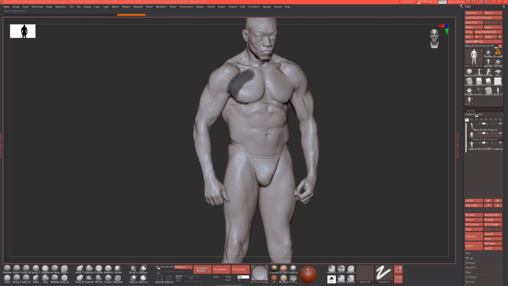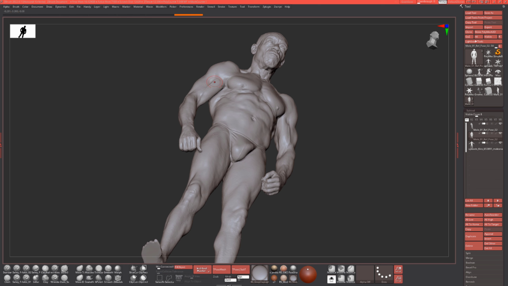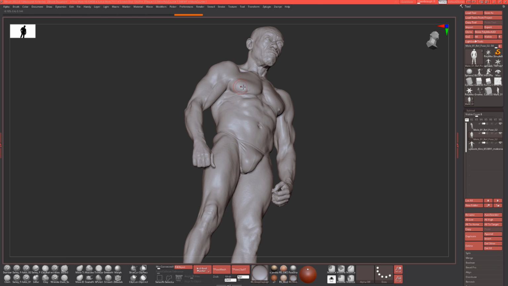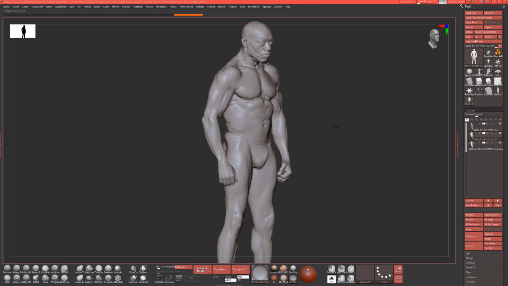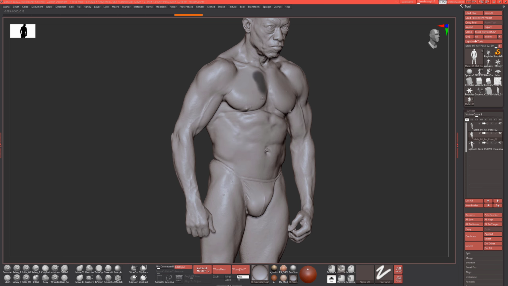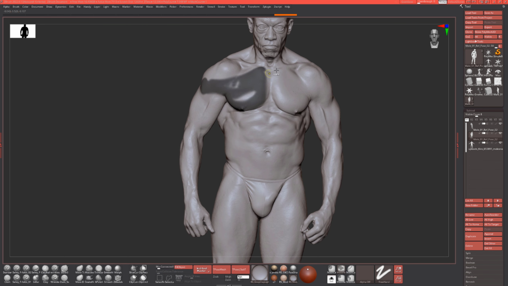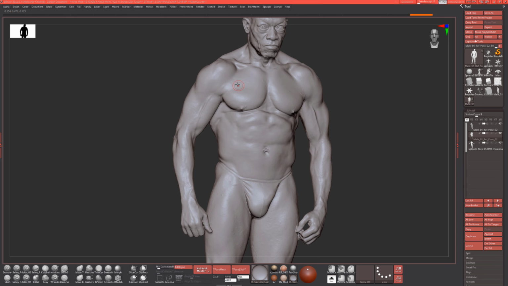Everything here feels like it's being connected to something else, that there's something going on inside of the surface, which is exactly what is happening. If we study anatomy, we understand that, for example, the pecs connect to the bone on the arm, so the whole structure of the pecs goes this way, and so the depth is there.